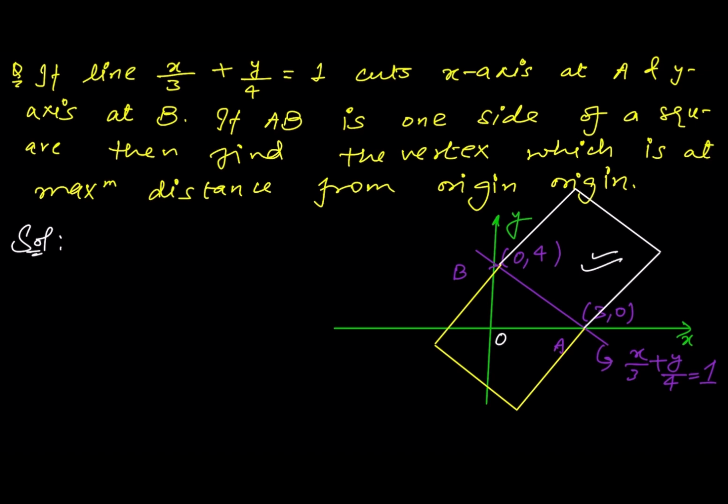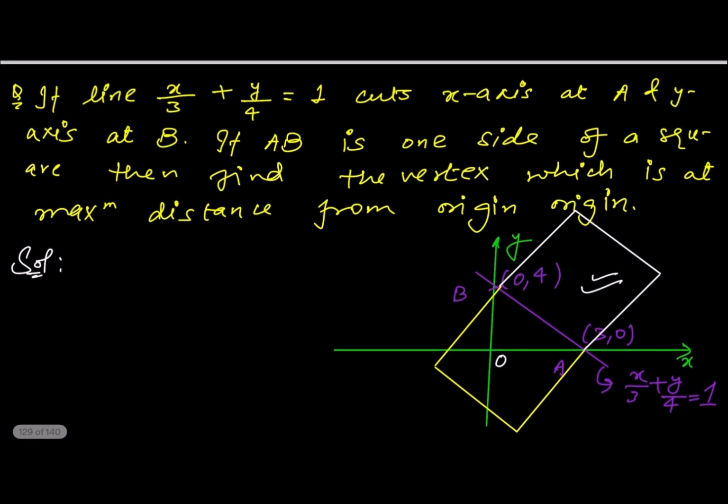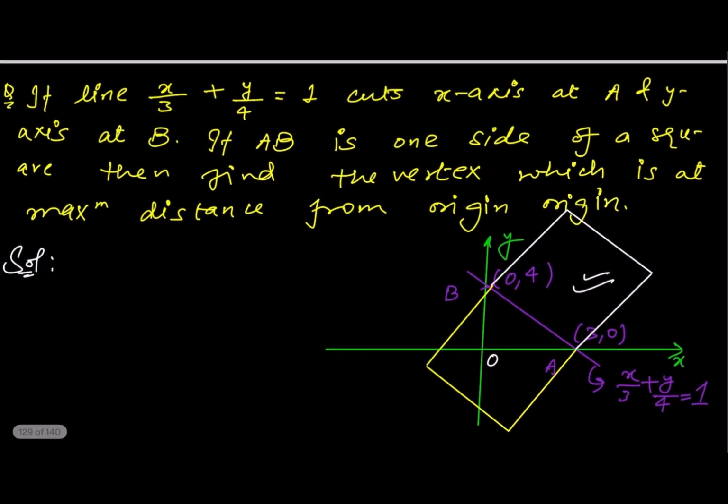So let's say other two vertices are C and D. So say this is C and this is D. Now I use parametric form to find C and D. Then what we need? We need the slope of AD or BC.